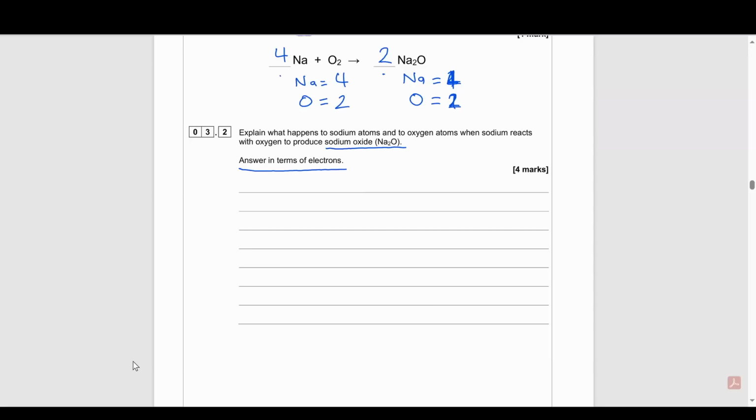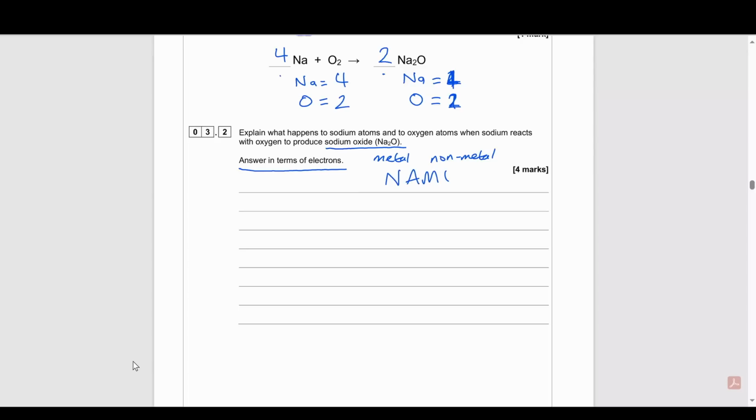Well, we've got sodium, which is a metal. We've got oxygen, which is a non-metal. So, non-metal and metal is ionic bonding.